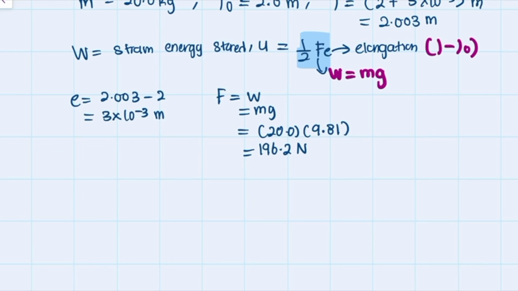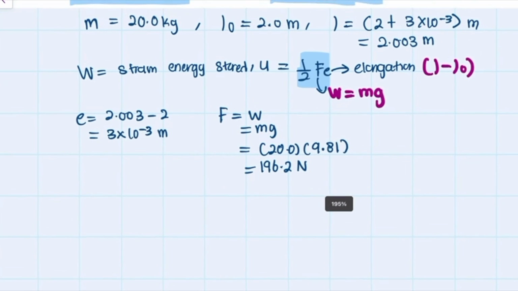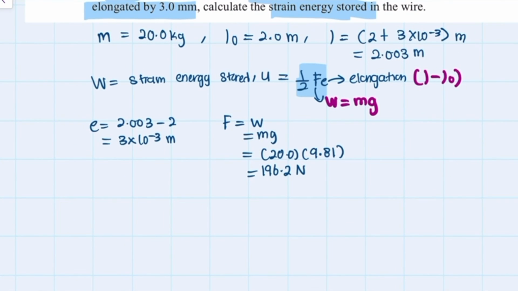Okay, then moving on to the formula, where U equals 1/2 Fe, 1/2 times the force 196.2, and the elongation 3 times 10 power of negative 3.